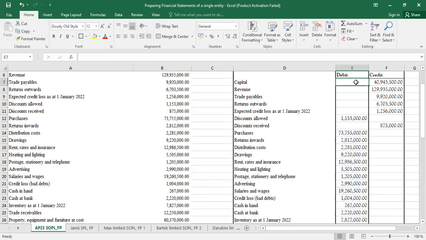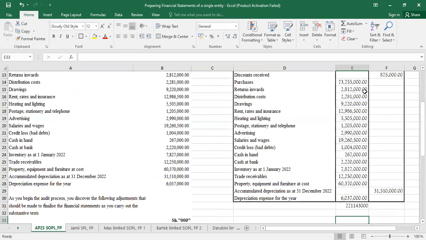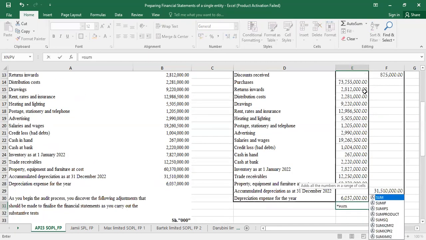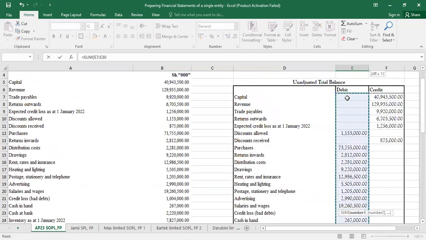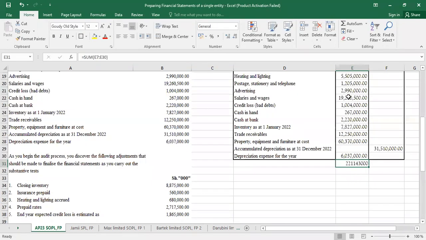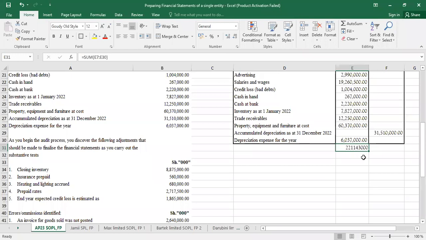Control backspace. Sorry. So this is the active cell. I'll go back here. Equal sign, sum. I press tab. Then I select the data that way, up to there. Control enter. Control backspace to the active cell, isn't it? And then I'll drag.